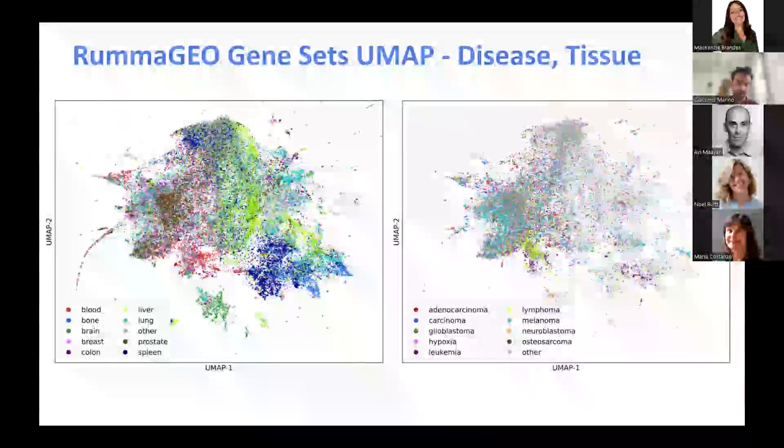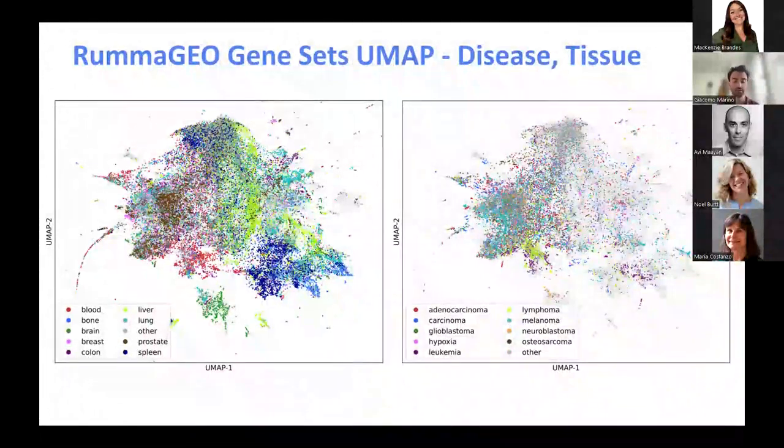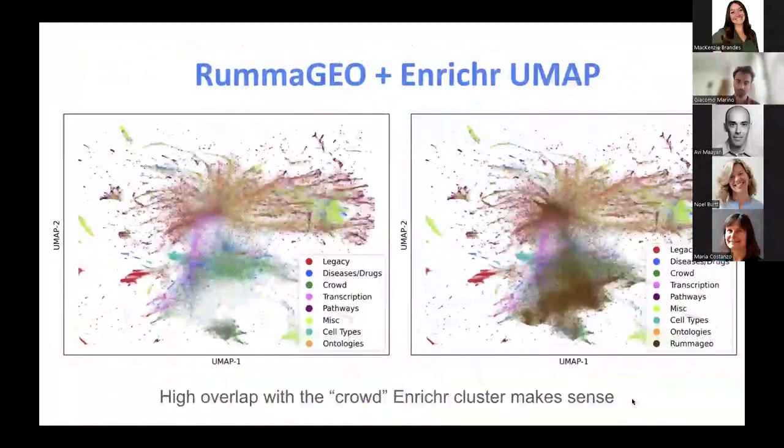On the left here is by the 10 most common tissues, and we can visually observe some coherency in clusters of these tissues from the signatures. On the right, we have the 10 most common diseases that were identified. Again, maybe it's slightly less coherent, but we definitely see some clusters of these various diseases that we identified in the GEO metadata.